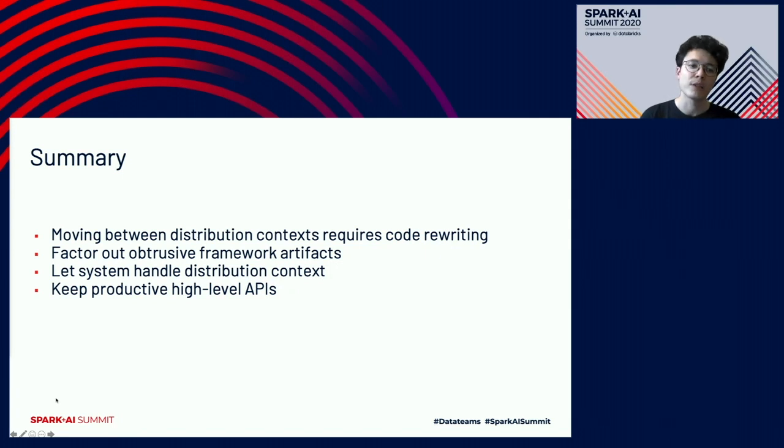And then we're able to do all the complexities with our framework outside of the scope of this Python code, and let the system handle the complexities for you and the distribution context. And by doing so, we're able to keep these high-level productive APIs that we've been working so hard for, and which will hopefully lead to better models and faster iteration on our machine learning model development.